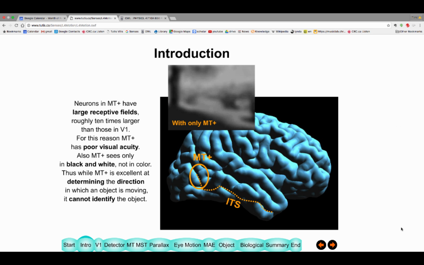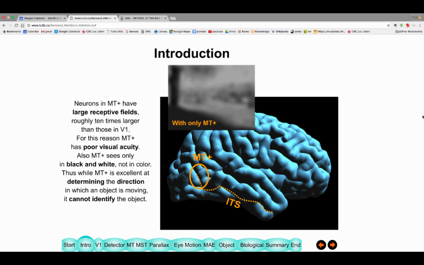Now, if you didn't have anything else but area MT, you'd see this. So this is what MT sees. Surprisingly, it doesn't see very well. It sees in black and white because, again, it's getting most of its information from the peripheral retina, which is mostly your rods.